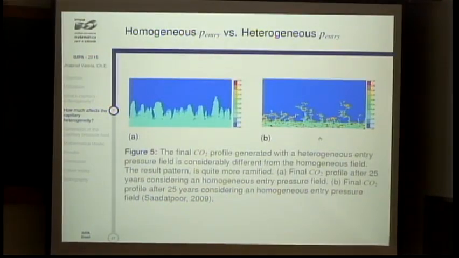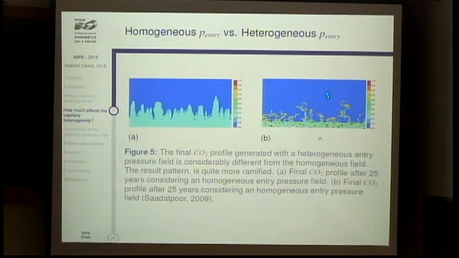Yeah. In B, do you have some kind of probabilistic distribution of the permeability field? Yeah, they apply a multivariate Gaussian field in order to generate it.